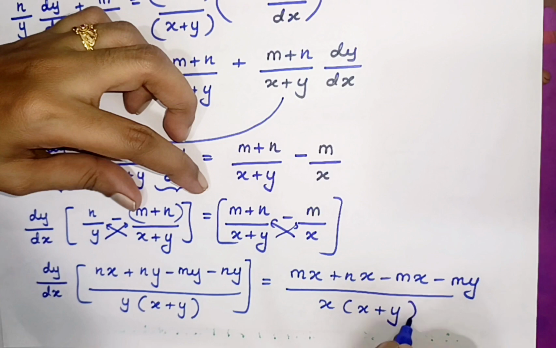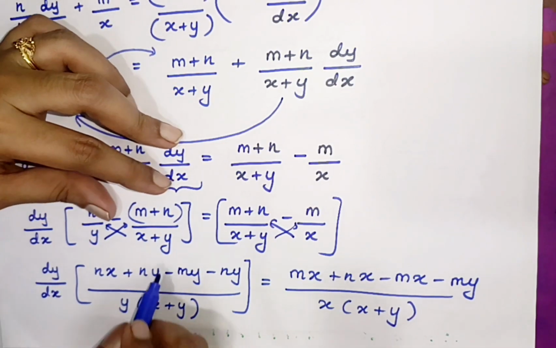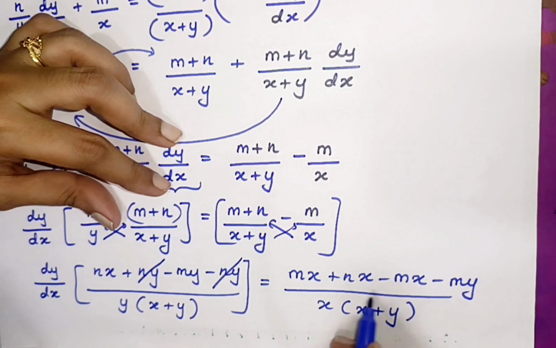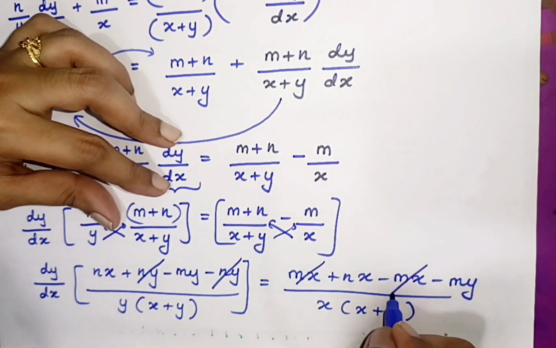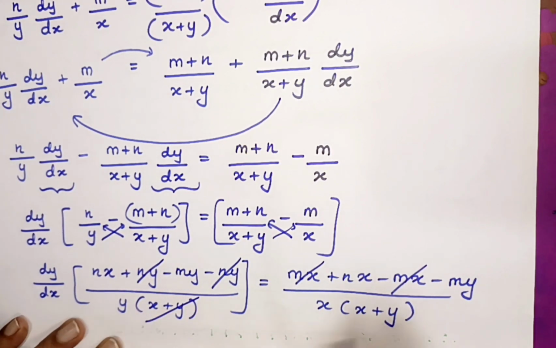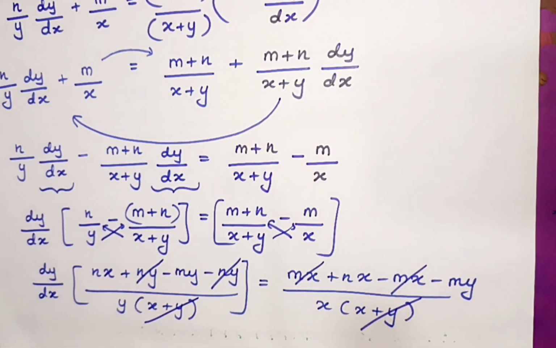So we shall see now plus ny minus ny get cancelled, and in this case plus mx minus mx get cancelled. In the denominator we shall see that x plus y is common in the denominator, so we are cancelling out that terms.